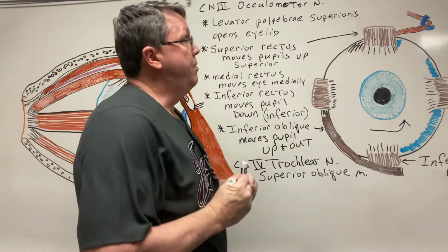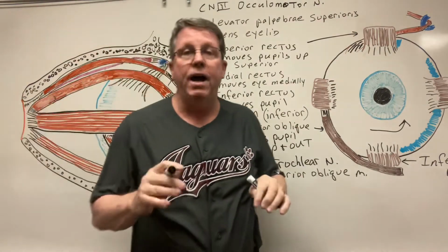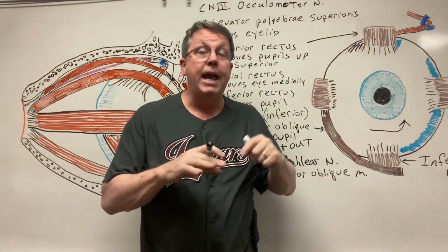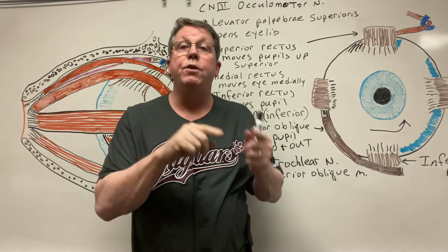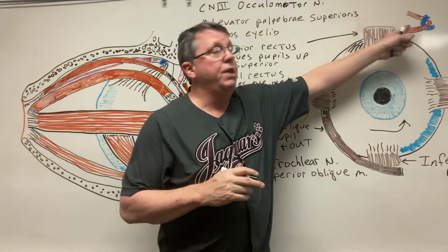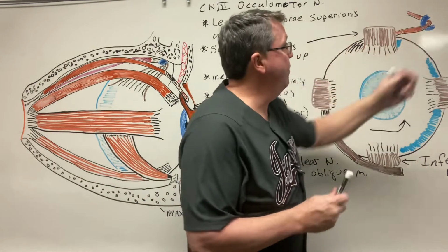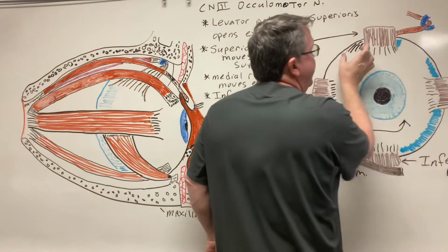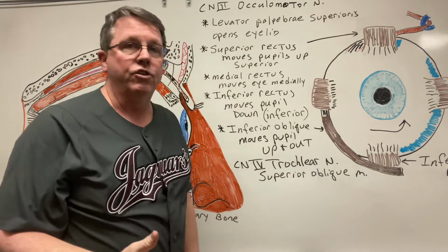Now, this is my superior oblique muscle here. I've been talking about the annulus of Zinn, which is basically in the back of the eye. You have two little openings where the annulus of Zinn is at. And this is going to be right above it on the sphenoid bone. Okay, you can see it hooks around this a little bit, and then it attaches to the superior lateral portion of the sclera.